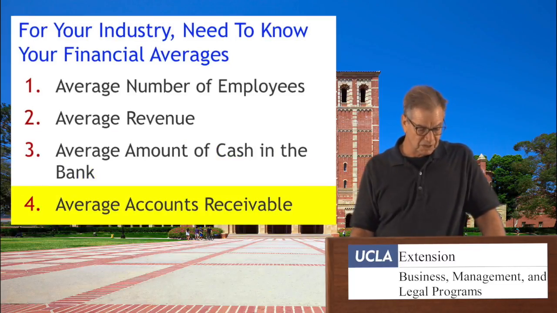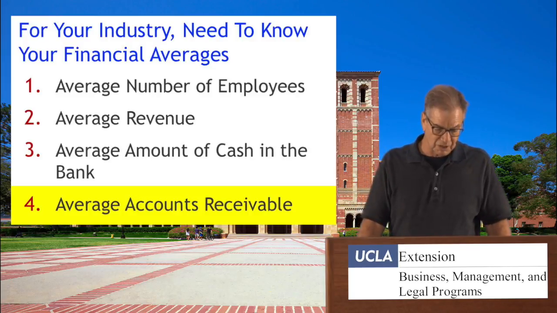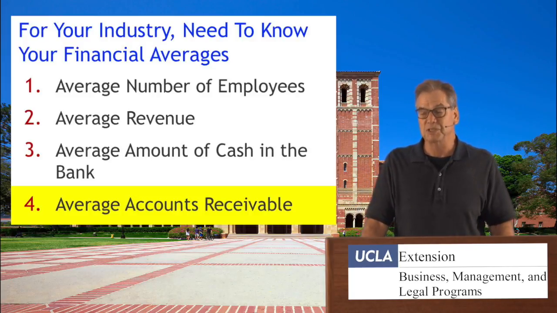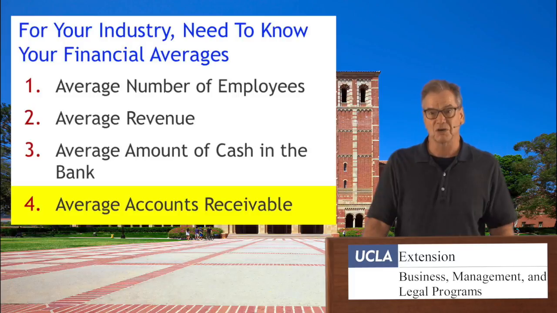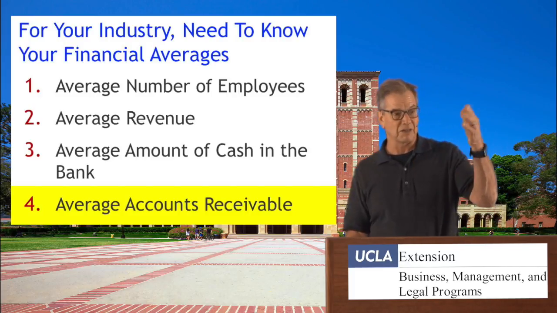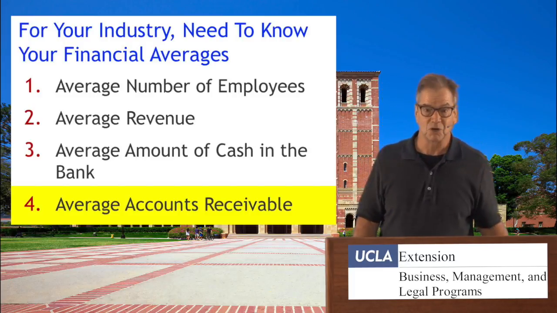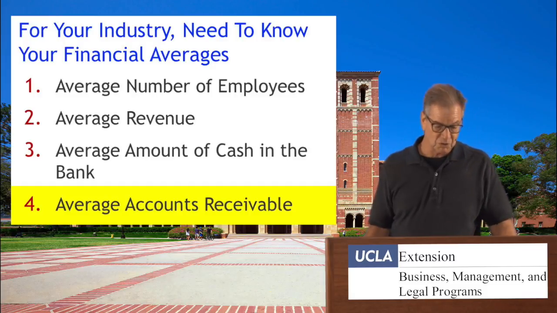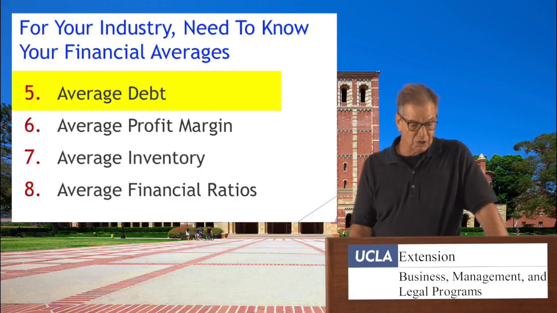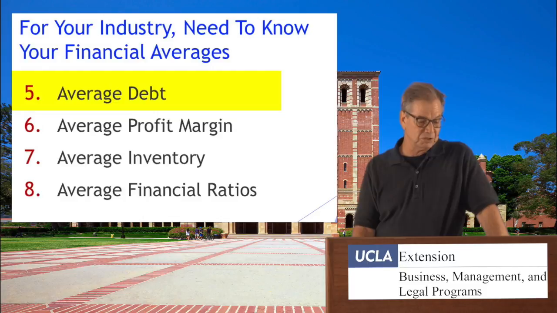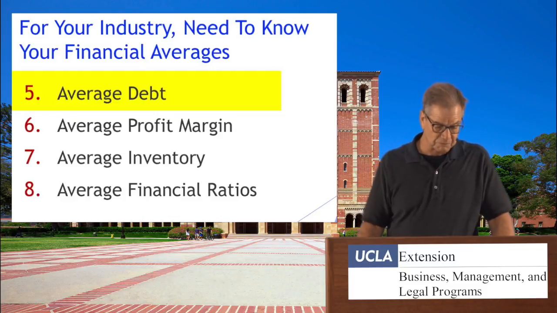Next is our average accounts receivable. How much debt can we carry? We don't want to carry too much, because if we get out of that range, we could be cruising for a bruising. We also need to know the average debt: how much is in long-term debt, short-term credit cards, and things of that sort.